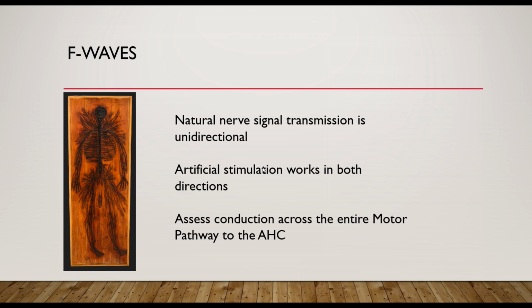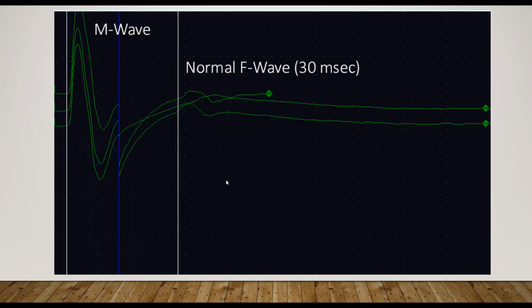So when artificial stimulation occurs, the depolarization goes in both directions, and this particular property of the motor nerves allows that conduction to be assessed across the entire motor pathway to the anterior horn cell. So this is what it looks like in real life. The first thing that happens is, of course, one has the signal going to the distal point occurring.